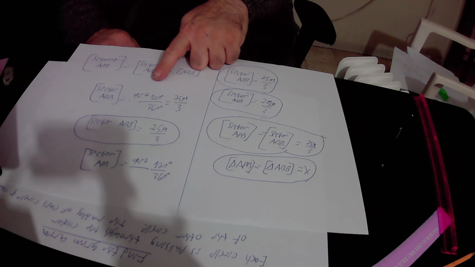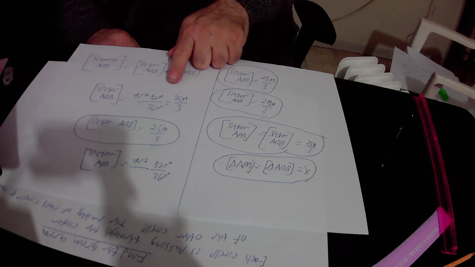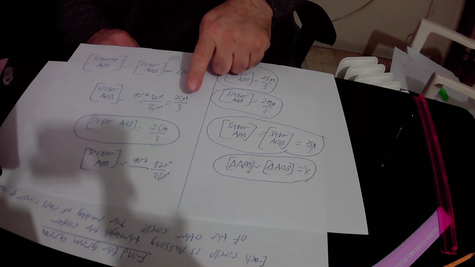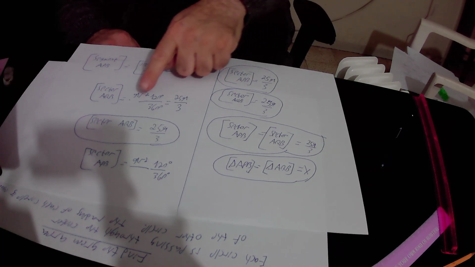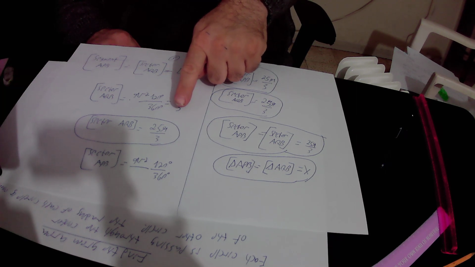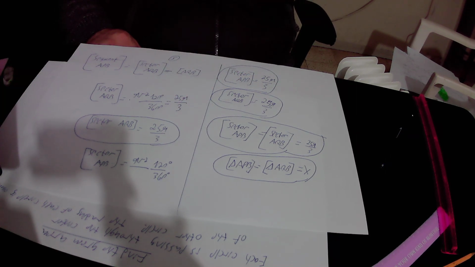So in the numerator we will have pi r squared, that is 25 pi, and 120 degrees over 360 degrees is 1 over 3. So the area of sector AQB equals 25 pi over 3.